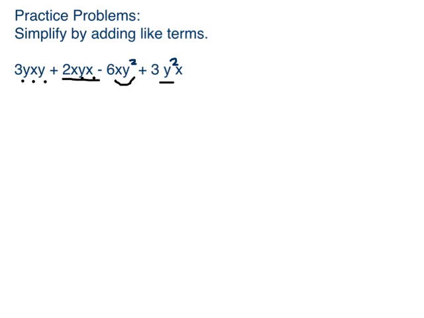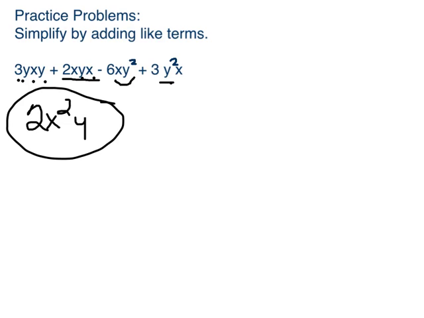So it is x squared y. And it's the only one, so we're going to put 2x squared y, and then 3xy squared plus 3 more xy squared is 6xy squared minus 6xy squared equals 0. So our final answer to this would be 2x squared y.